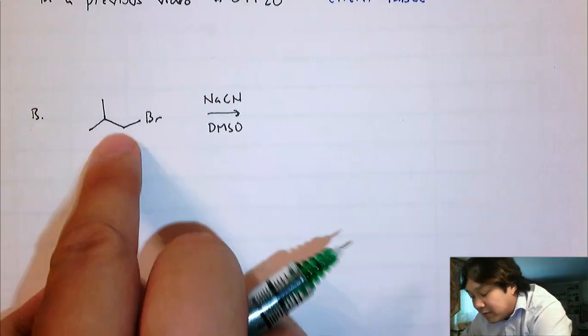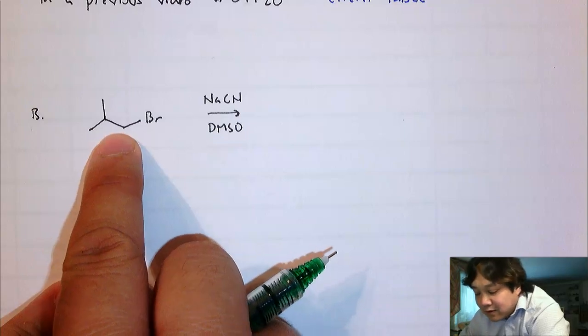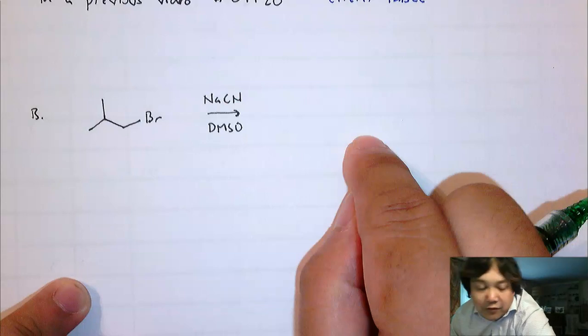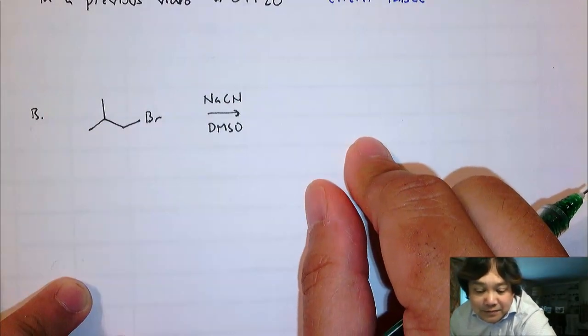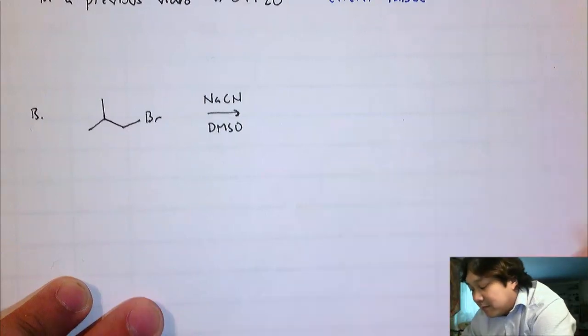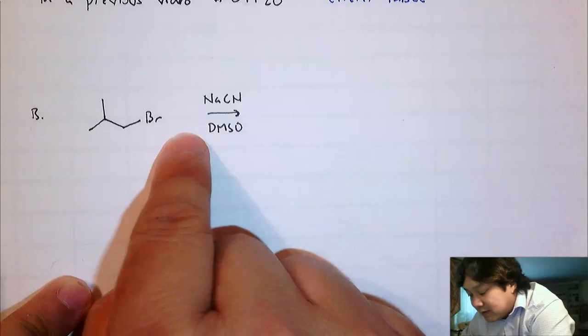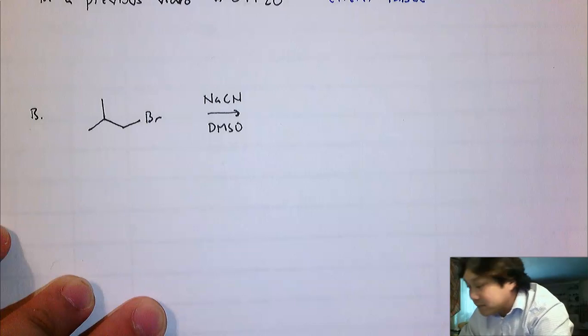And I want you to label if this is primary, secondary, or tertiary. Based on what you have in green, could you decide whether you're going to do an SN1 process or an SN2 process? Okay. All right. Again, label each of these things, figure out whether you're SN1 or SN2. Okay, go ahead and pause the video.